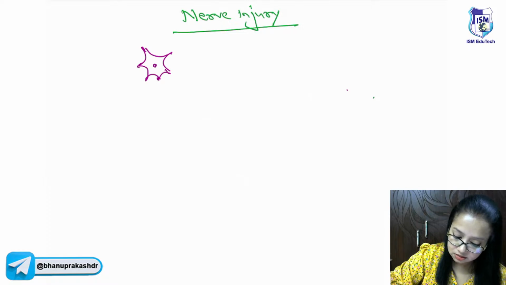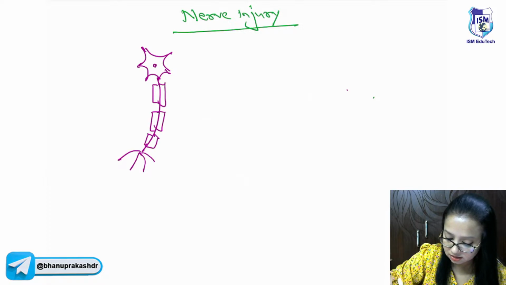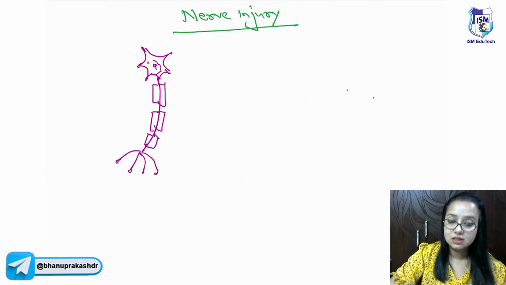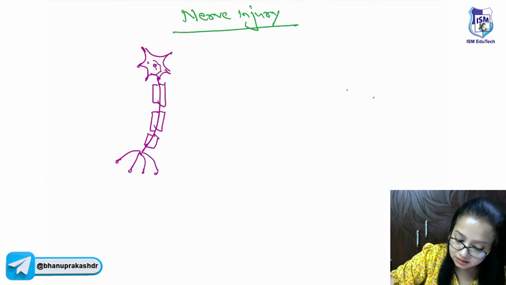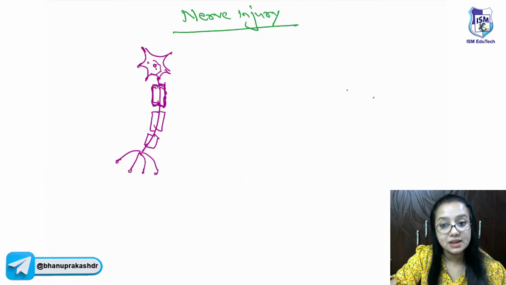This is our neuron. This is one nerve fiber with a cell body, myelin sheath, and the synaptic knob. Now, there may be injury that may only affect the myelin sheath, and it will not affect the axon, the cell body, or anything.